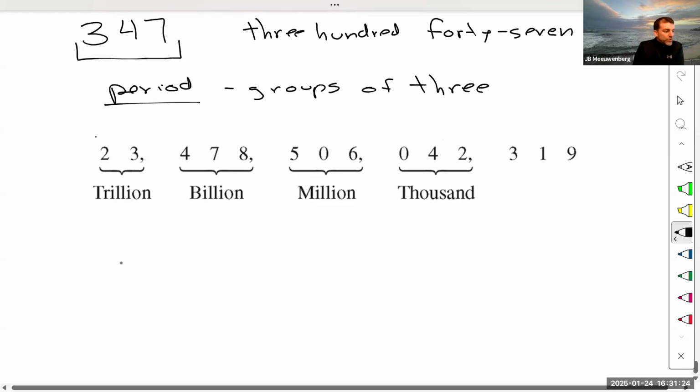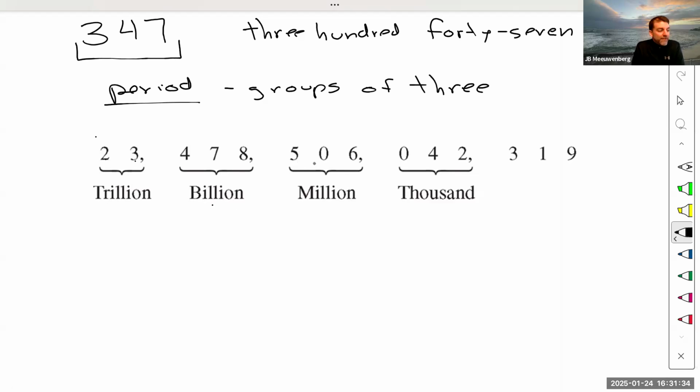Okay, so the way you would read this entire number is 23 trillion 478 billion, the name of the period, 506 million 42 thousand, don't say the 0, 319, right? That's how we say big numbers like that.